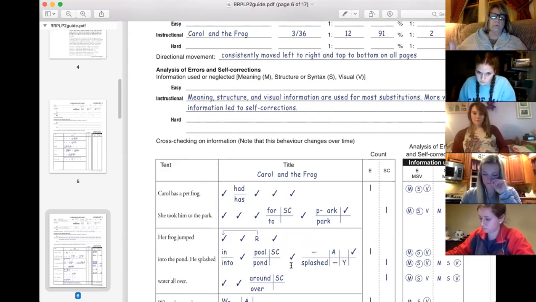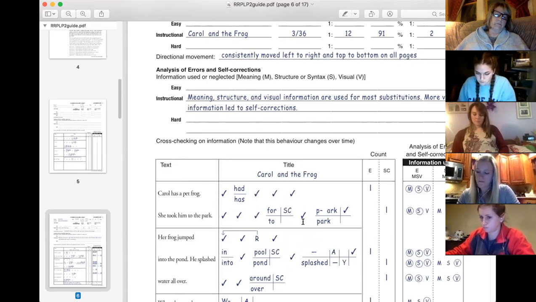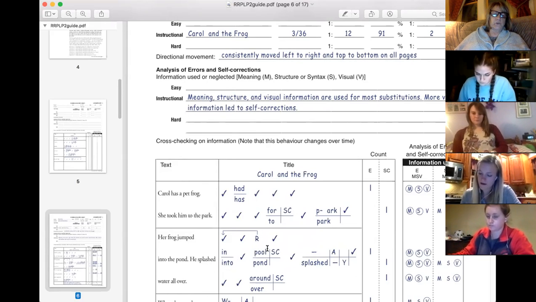It almost looks like a pool. So I gave it meaning, structure, and visual. First two letters are the same. And again, visual to fix it because she never moved beyond it. She fixed it as soon as she said pool. She probably said to herself, oh, pool ends in an L. That word doesn't end in an L.